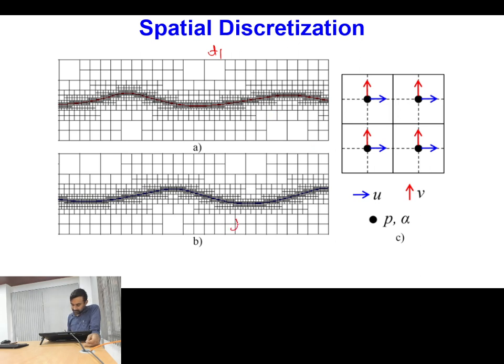And say the same interface has evolved with time and now it has acquired some new shape at t2. So when you have moved from the t1 to the t2 instant, then along with the interface, your mesh distribution has also evolved. Okay.